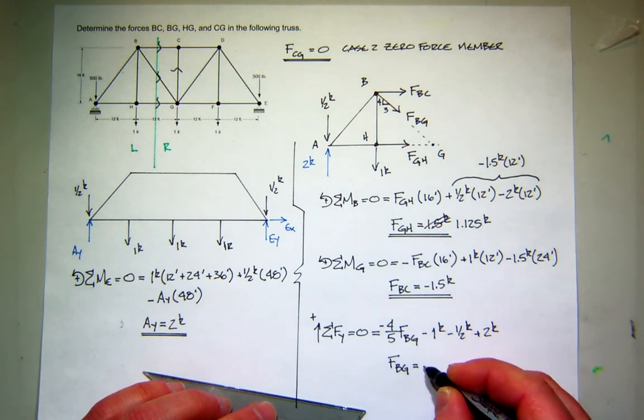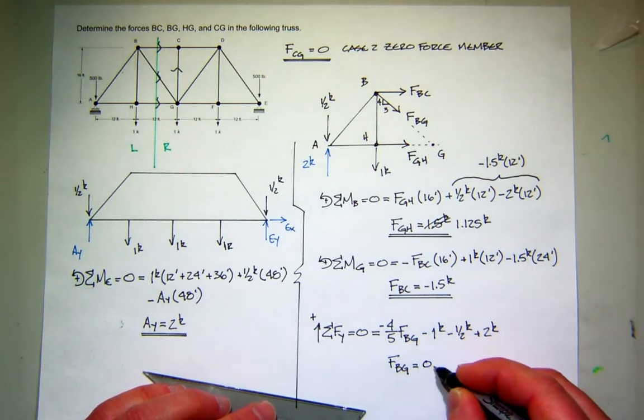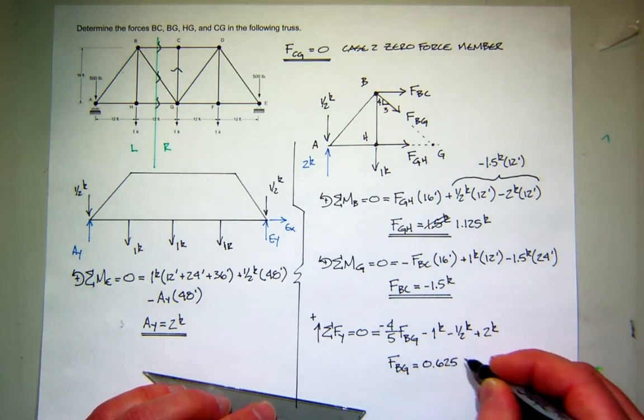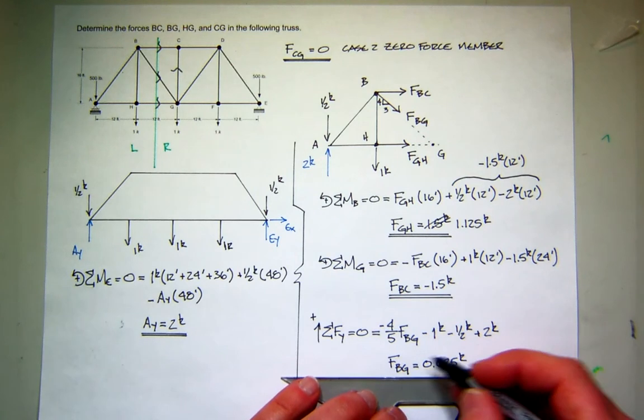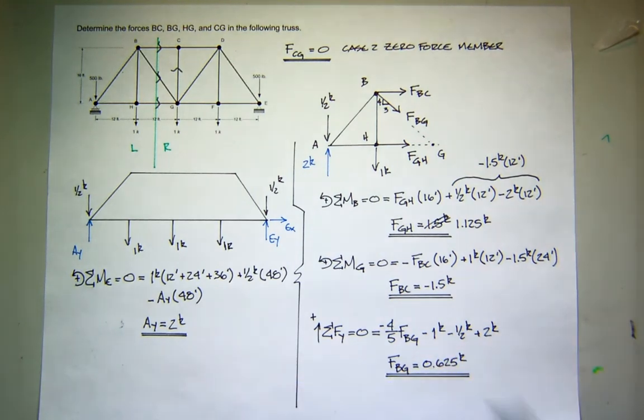So I should get a negative number. No, I should get a positive number. 0.625. Mr. Gargas? Oh, you're still behind? I like that. That looks pretty good to me. Any questions about this? Okay. I'll stop that.